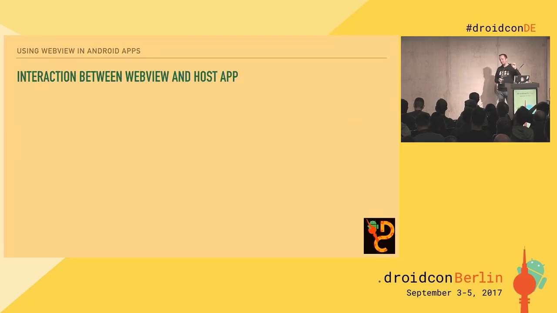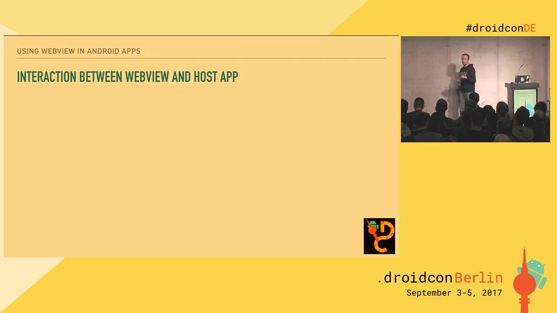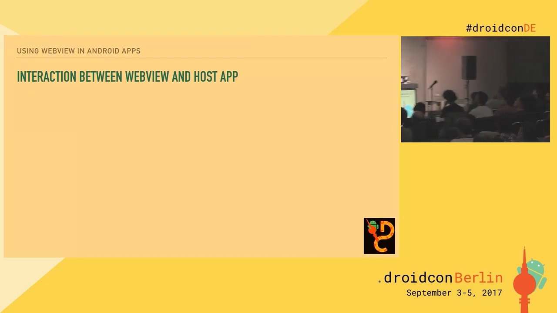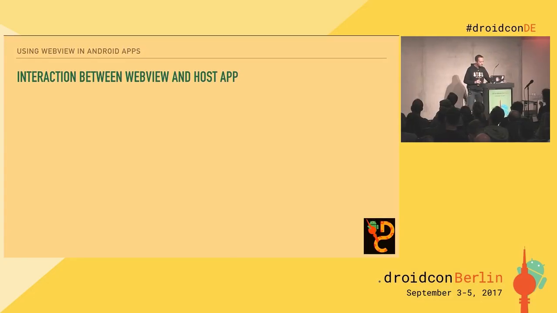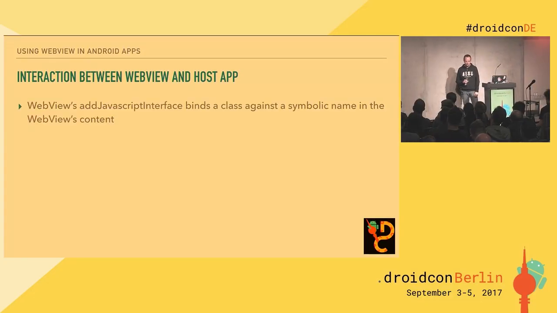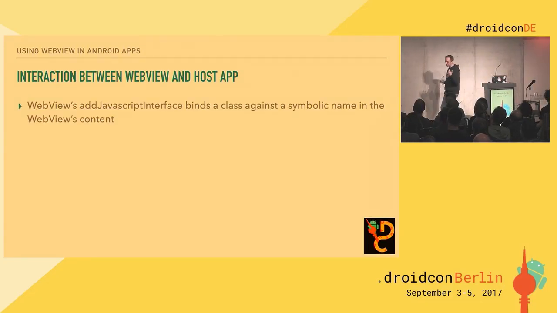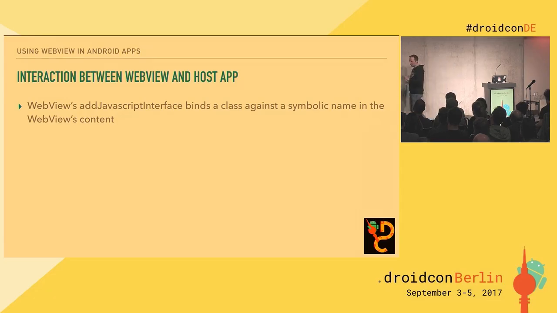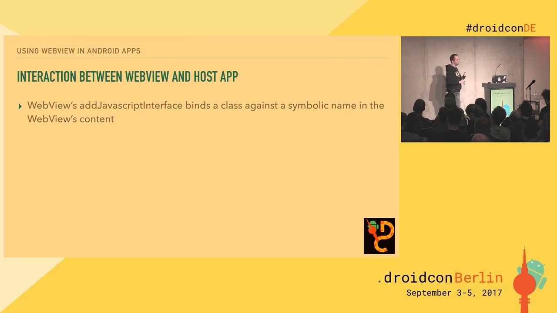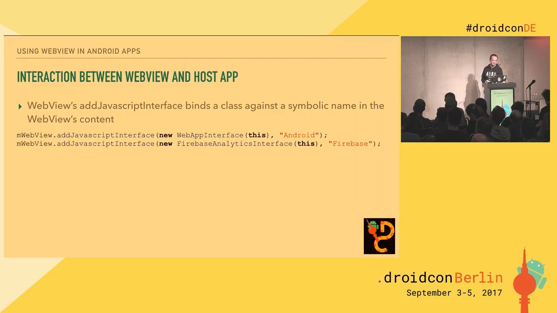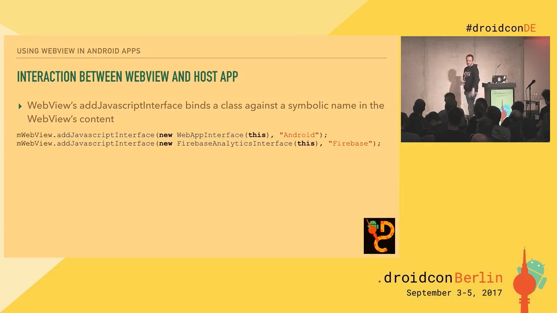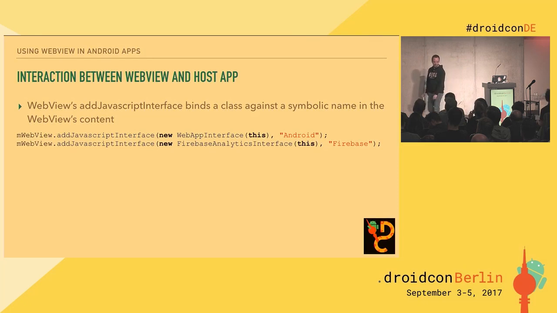That JavaScript interaction layer that I mentioned a few times before is called the JavaScript interface. If you want to be able to call JavaScript functions from your Java or Kotlin code, or respectively from JavaScript call functions in the actual host app, that's how you would need to implement that. So you basically say, all right, I'll add one to many JavaScript interfaces. I give them a symbolic name like Android or Firebase.